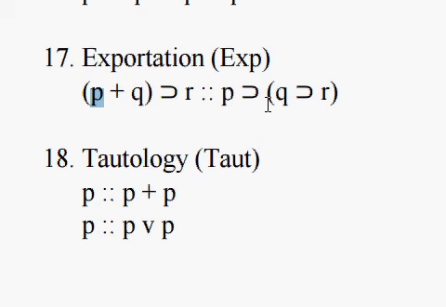Why? Because this is saying if you have the money and the car is still on the lot, then it's yours, right? So P is, if you come up with the money, Q is the car is still on the lot, then it's yours. Then it's also the case that if you come up with the money, then it's the case that if we still have the car, then it's yours.